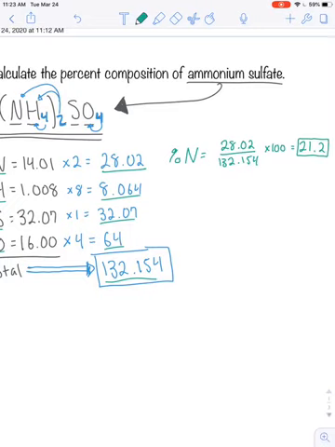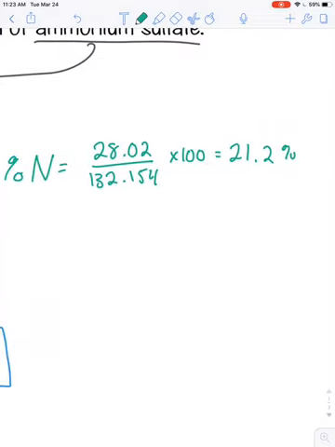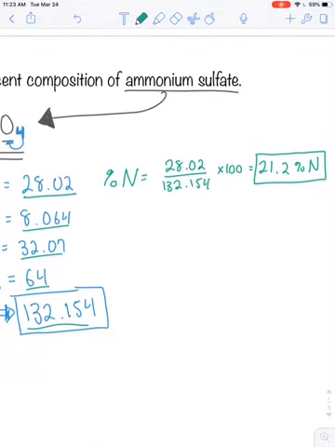And that would be our percentage of nitrogen. So this compound is 21.2% nitrogen.